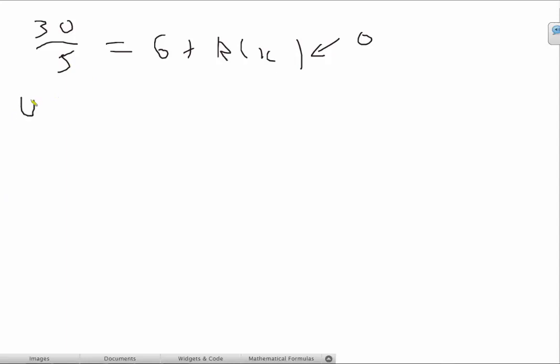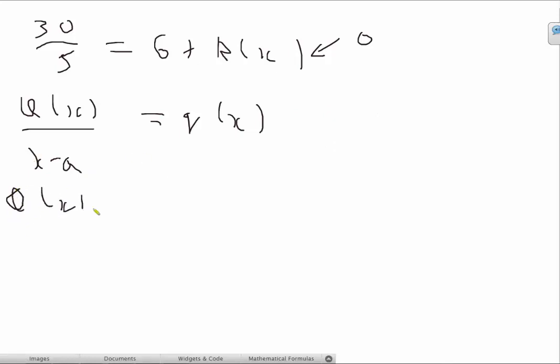Now if we apply this to polynomials, q of x divided by x minus a, where x minus a is a factor, we end up with the quotient plus the remainder, which is simply 0, so I'm just going to erase that. And so now if we multiply by x minus a on both sides, we can see that the whole polynomial is simply the quotient times the original factor.